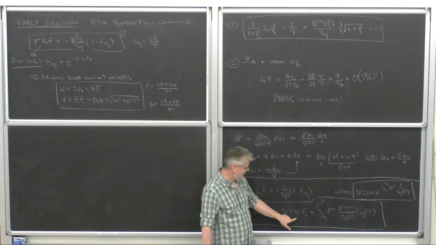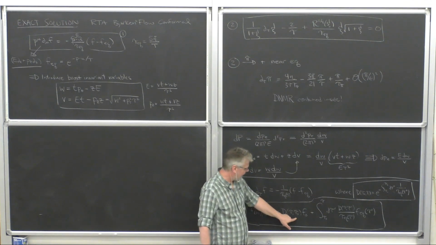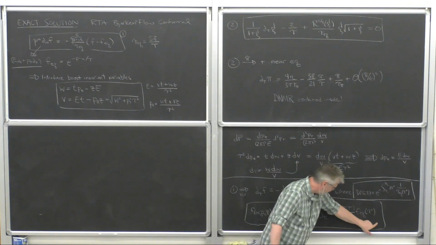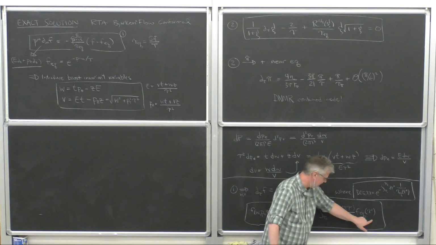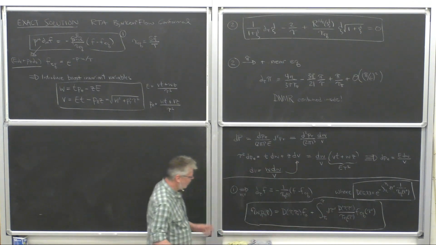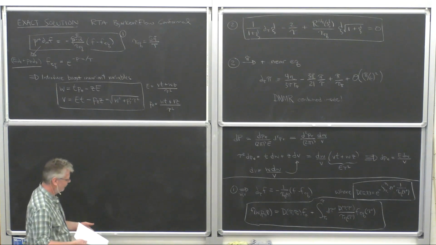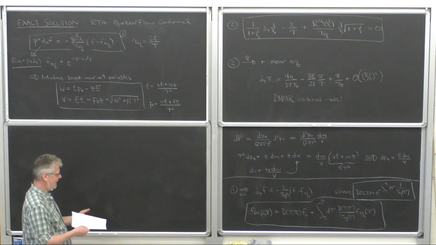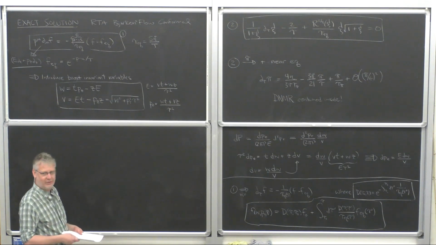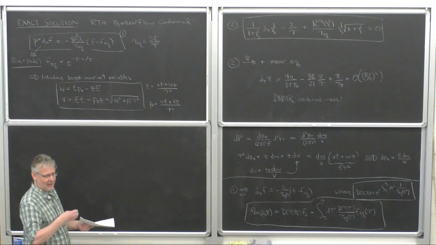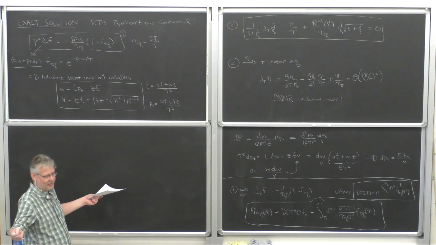This will turn out to be the free streaming contribution to the energy density, and there'll be another equilibrium energy density looking thing hiding under here. So I can reduce it down by taking a moment of this equation, the first moment in my old hydro language, and then I can get an integral equation for the energy density, which is a scalar one-dimensional function of proper time, and I just solve it as a function of proper time.